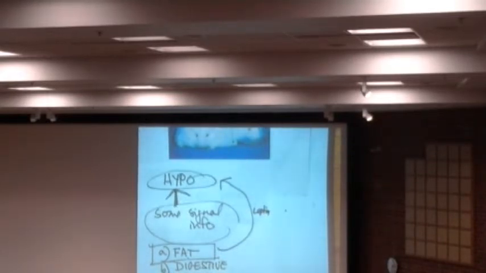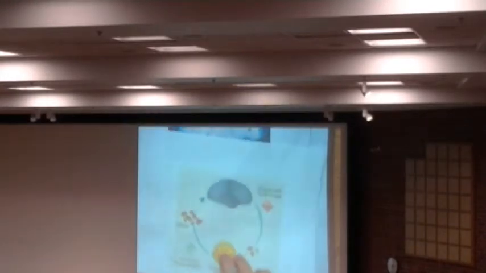Fat builds up and builds up, but that fat is not releasing leptin, which would normally communicate to the hypothalamus, stop eating already, I have enough fat, I have enough leptin. In this mutant, their leptin levels are low, and the hypothalamus can't be regulated.